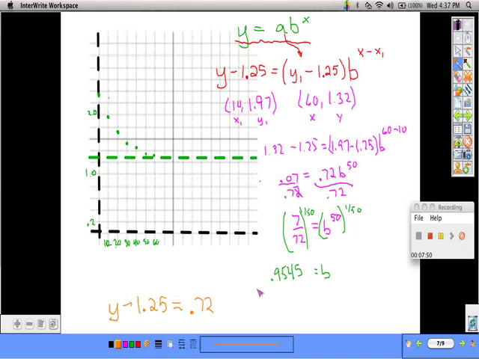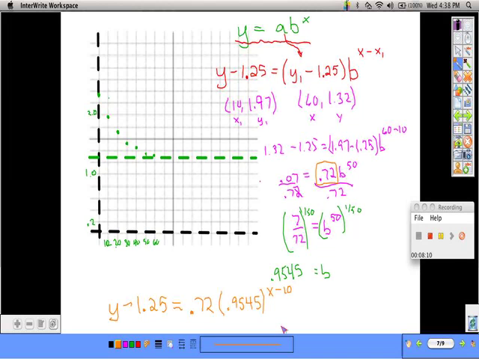I keep this number right there. I keep the y1 involved in the problem times 0.9545 to the x minus 10. I keep that x1 in the problem also.